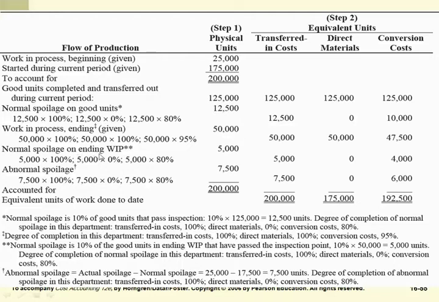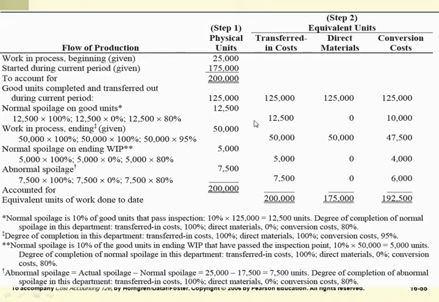Normal spoilage on ending work in process is 10% multiplied by 50,000, equals 5,000 units. Total must equal 200,000, so 125,000 plus 12,500 plus 50,000 plus 5,000 plus x equals 200,000, so x equals 7,500 for the abnormal spoilage.